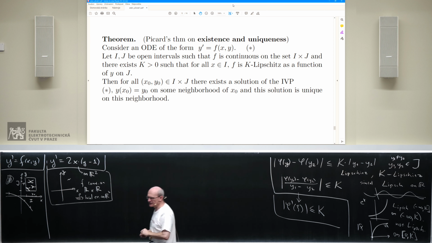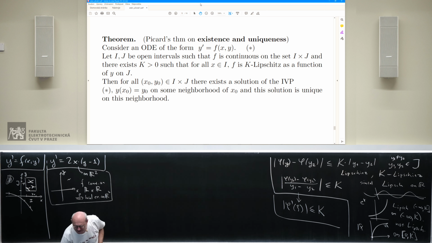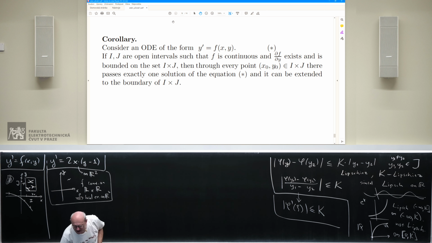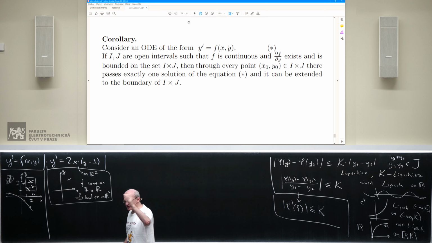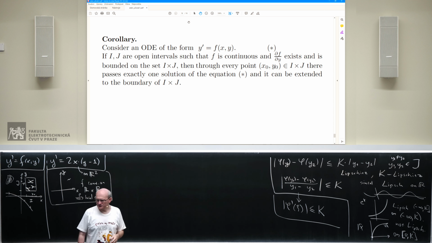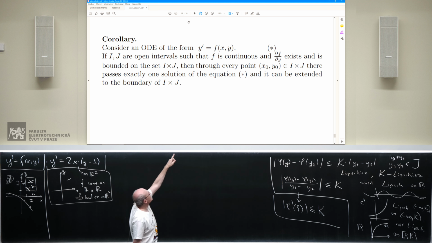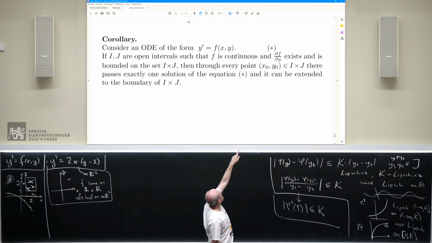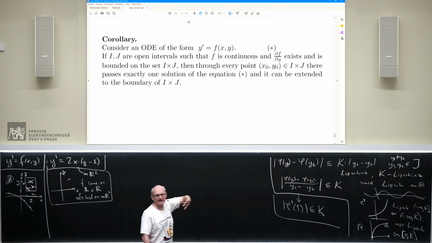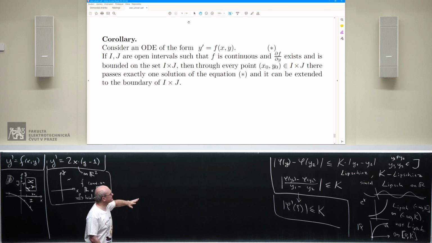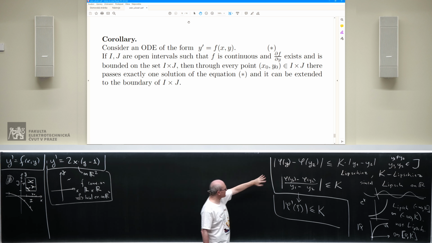Let me state it as a corollary. So this is a practical version, so to speak, of the Picard theorem. I actually copy-pasted the Picard theorem, but instead of talking about Lipschitz functions, I talk about the boundedness of the partial derivative of f by y. This is not actually an equivalent statement, because you may have a Lipschitz function which does not have a derivative.